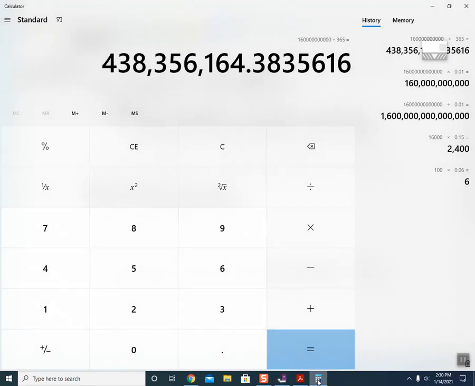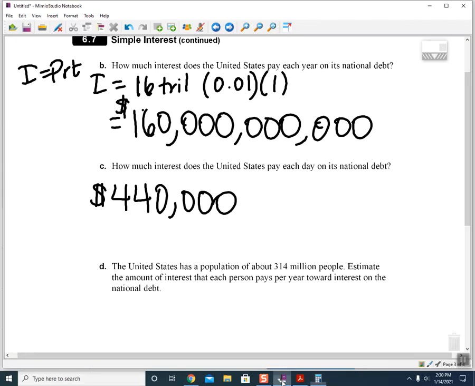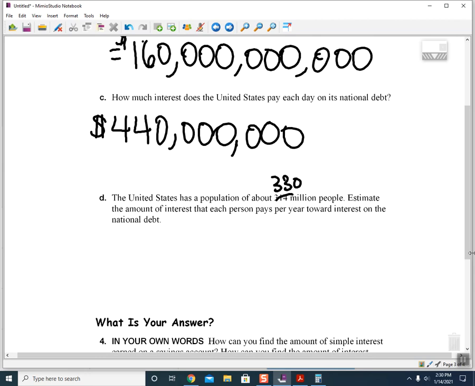No, $440 million. Every day. That's insane. It's closer to 330 million people right now, but we'll stick with this because it was from 2012.